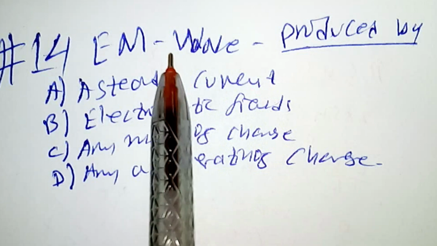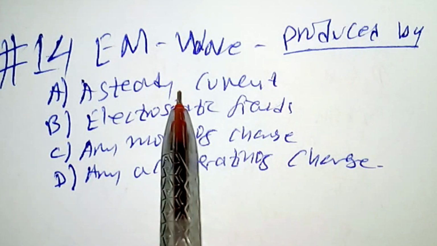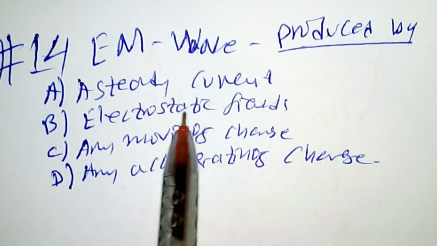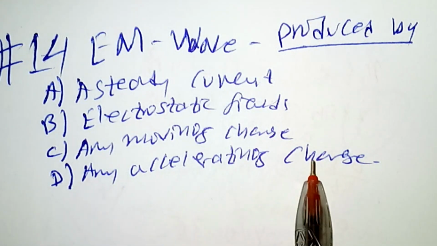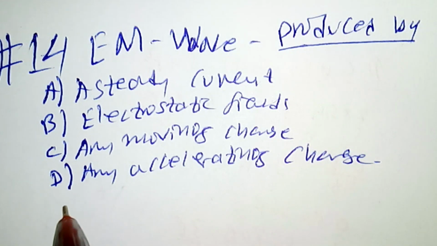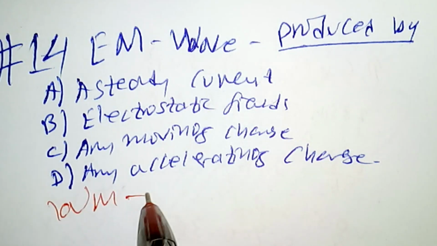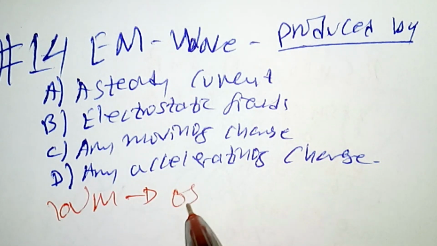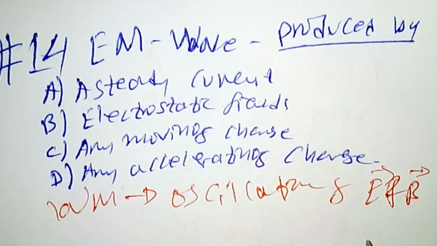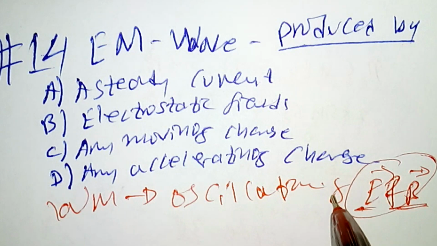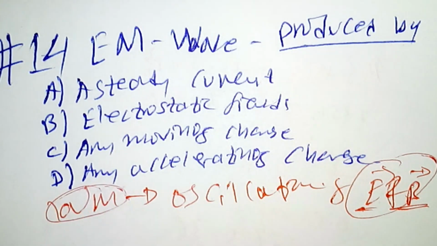Electromagnetic wave is produced by: A, steady current; B, electrostatic field; C, any moving charge; D, any accelerating charge. It is obvious that electromagnetic wave is produced from the oscillation of electric and magnetic fields. If electric and magnetic fields are continuously changing, or oscillating, they produce what we call electromagnetic wave.